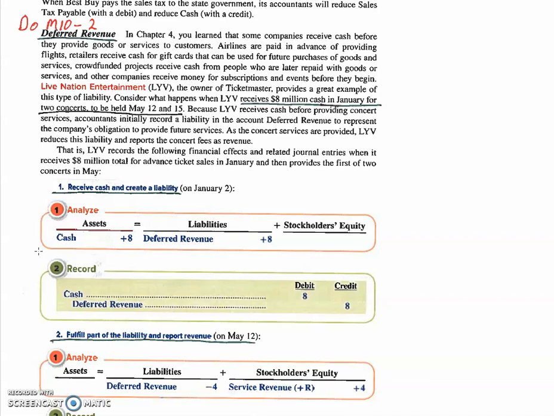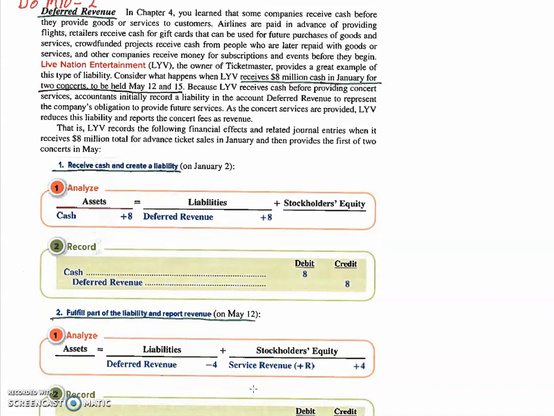And $2,000 divided by 80 would be $25 a game. So when they play a game, what should they do? Well, they have reduced that deferred revenue by $25 and earned revenue of $25. So in our example, they would debit deferred revenue for $25, credit revenue for $25.